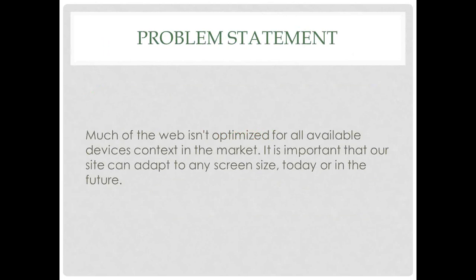But the problem here is, much of the web isn't optimized for all the available devices in the market now. So it is becoming extremely important to develop a site that can adapt to any screen size today or in the near future.